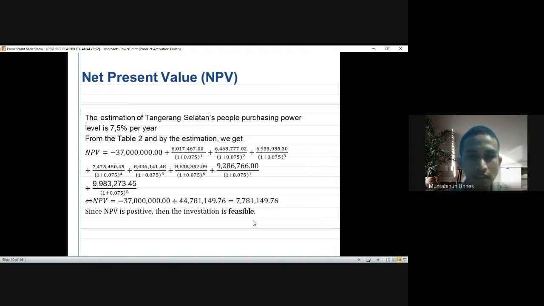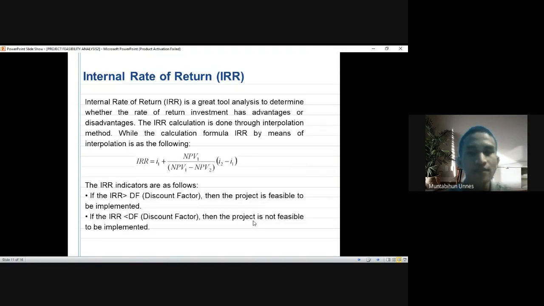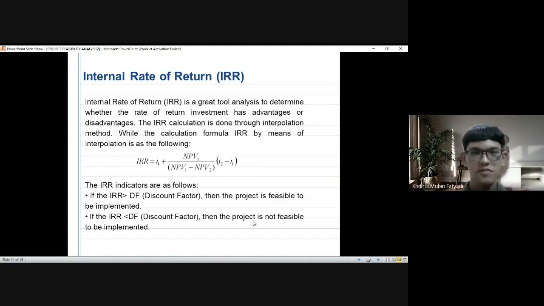And the next is the IRR method. Okay, for the IRR, I will explain it. Internal rate of return, or we can say IRR. IRR is an analysis tool to determine whether the rate of return on investment has advantages or disadvantages.